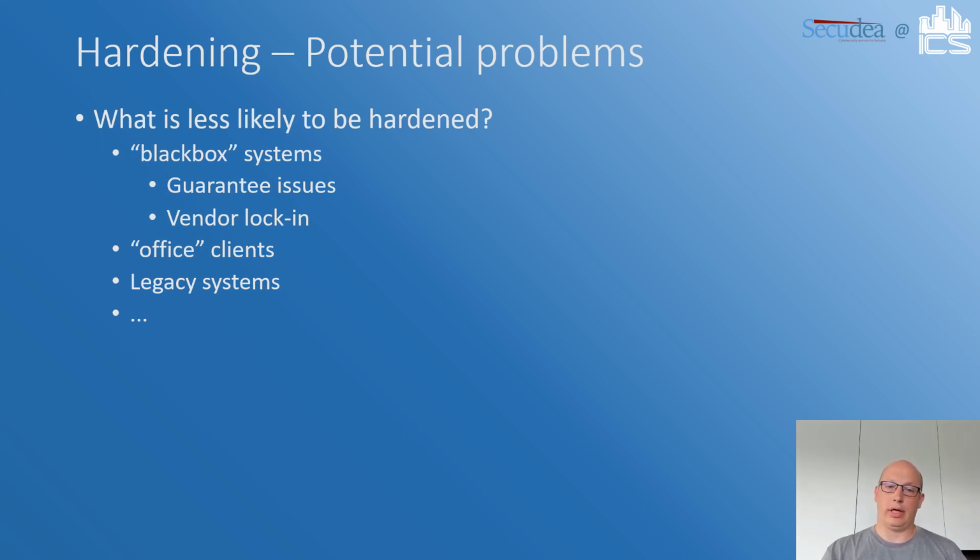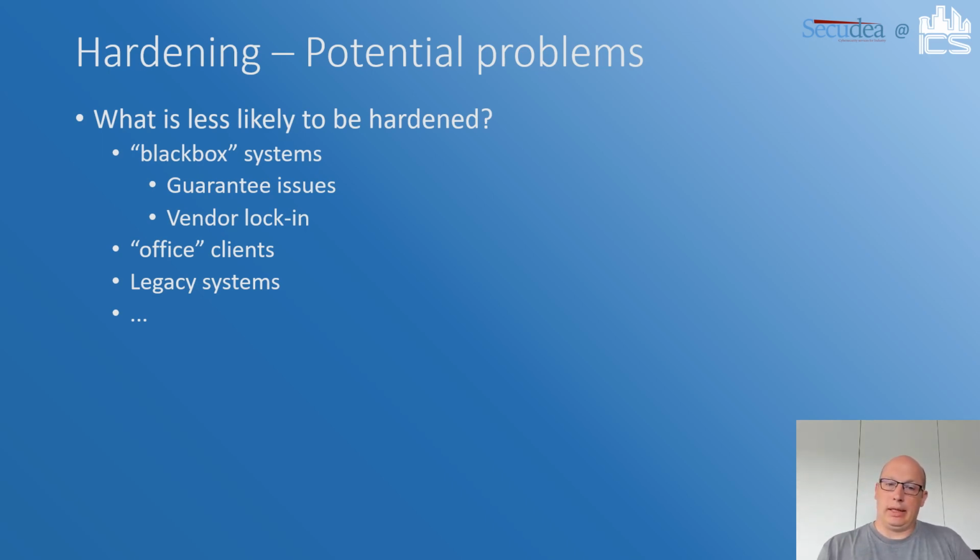So the vendor lock-in here can cause guarantee issues if you try to touch or even change settings on a black box system. So that's something to keep in mind. So the best thing to do then is try to mitigate the potential issues of those black box systems in another way, but we'll come to that later on.